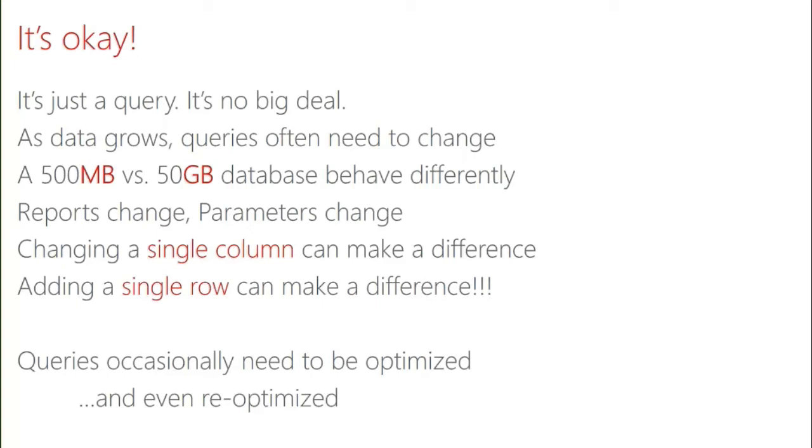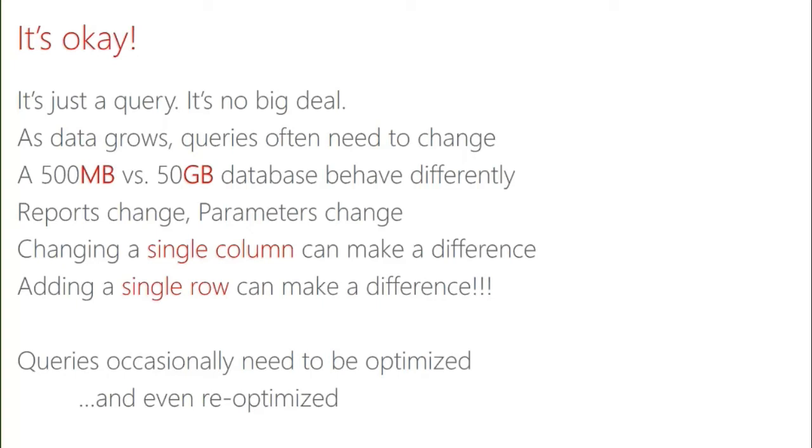And changing a single column in a query can make a huge difference. And so you may think, oh, the user wants to add this field to a report. No big deal. Let me add that to the query, add it to the report. My report is taking forever now. Also, adding a single row to the result set can make a huge difference. This one really surprised me, so I'll show you an example of that.